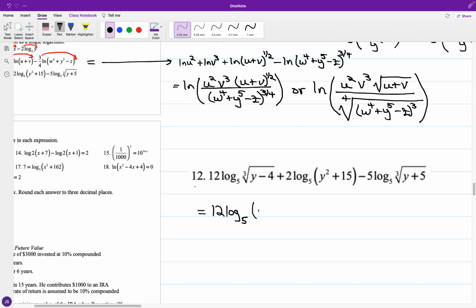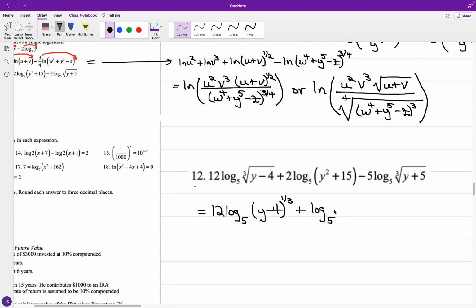That'll be the quantity of y minus 4 to the 1/3, and we have plus 2 times. I could go ahead and write the 2 as a power, but I'm just going to save that for the next step.